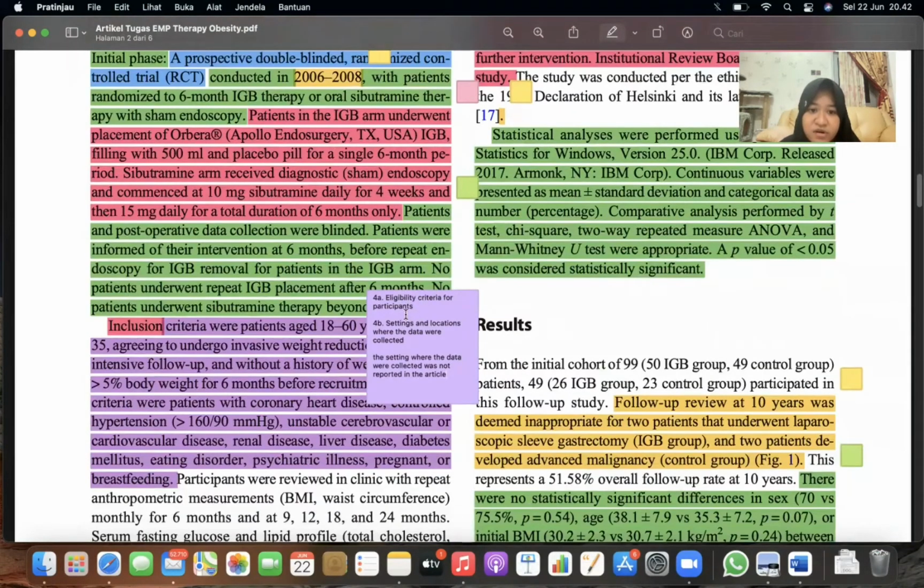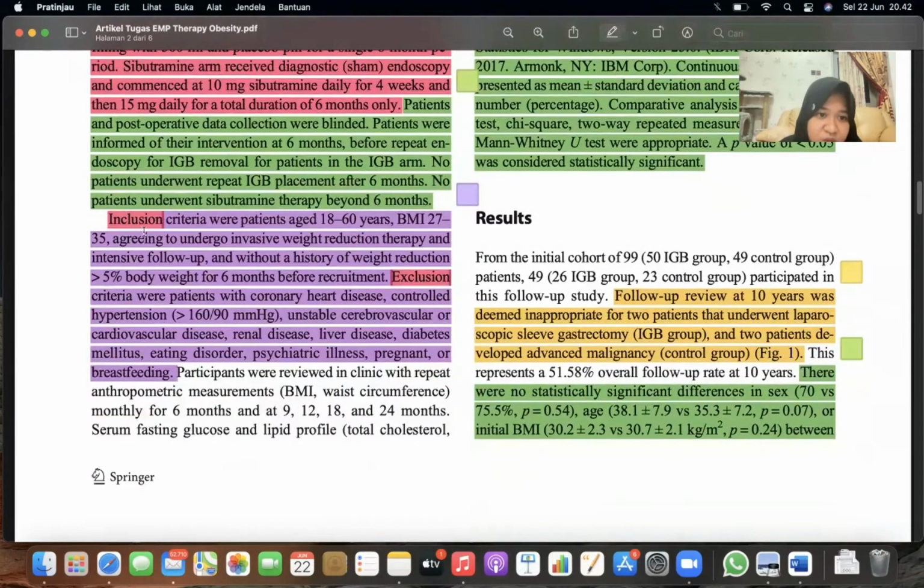Okay, the next is number 4A, eligibility criteria for participants. This is selected in color purple. Inclusion criteria were patient age 18 until 60 years, BMI 27 until 35, agreeing to undergo invasive weight reduction therapy and intensive follow-up, until breastfeeding.